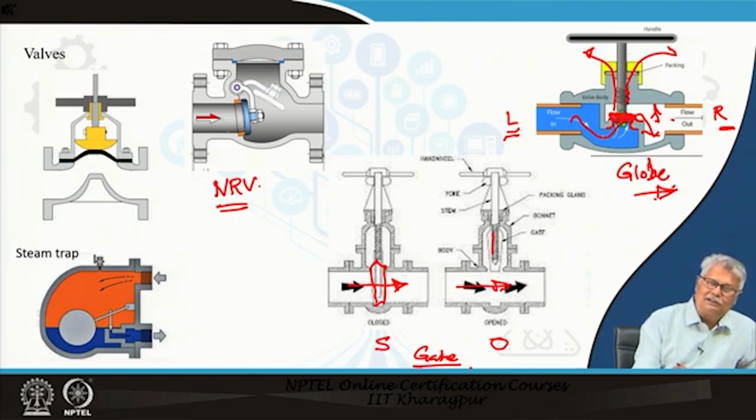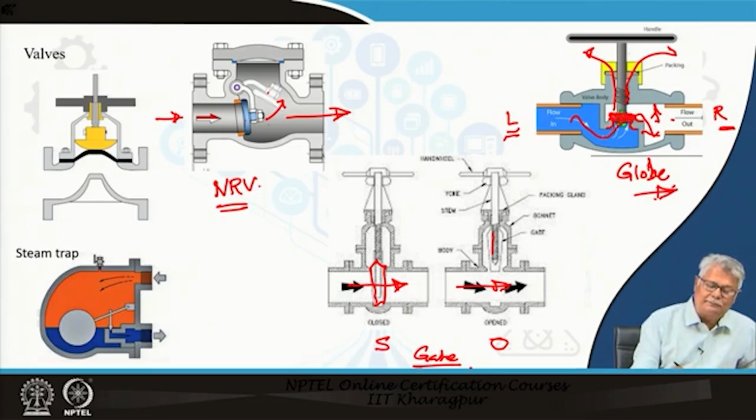Under normal conditions, this is closed. The moment there is a flow here, it will force this to swing open like this. So, it is a swing check valve, or a swing type non-return valve, and since this goes up, after that the liquid can go out.